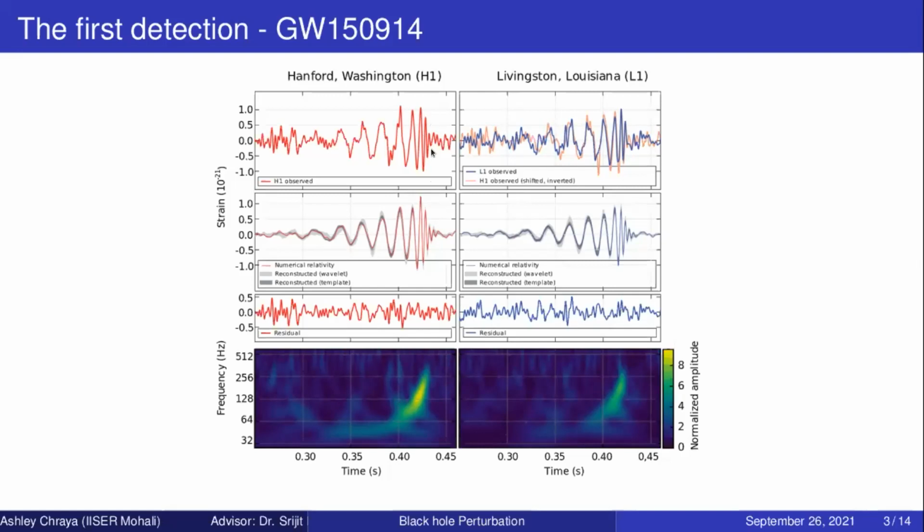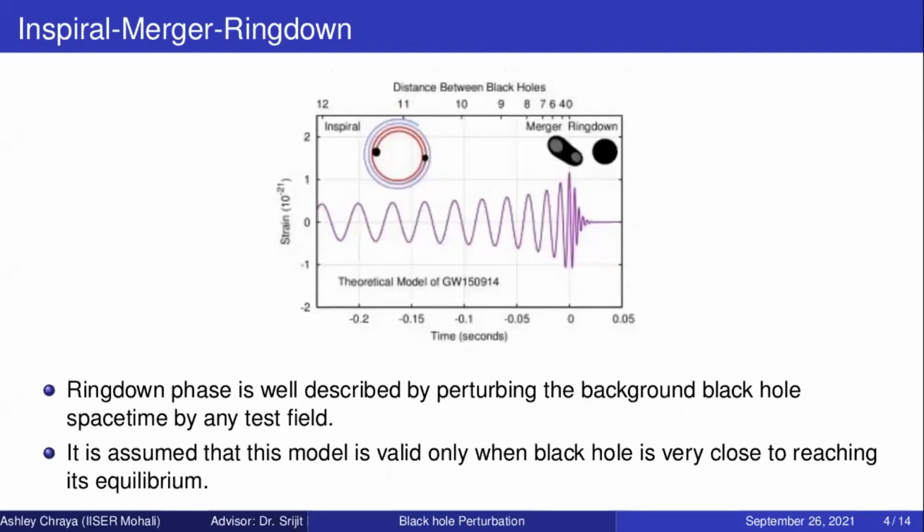This is due to the black hole emitting gravitational waves and getting stable or unstable depending on the type of background we are considering. So as I told, this is the inspiral phase, this is the merger phase, and this is the ring down phase. Now in this talk I will focus on the ring down phase. This ring down phase is well described by perturbing the background black hole spacetime by any test field. Why is this?